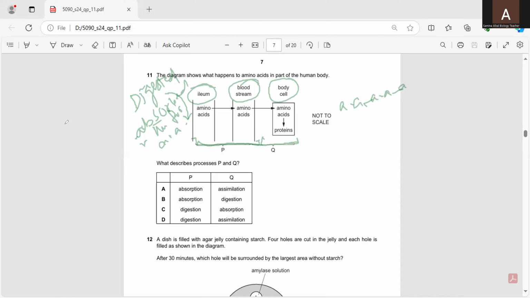So in this way, I would like to say that the answer of question number 11 is A. So here there is absorption.